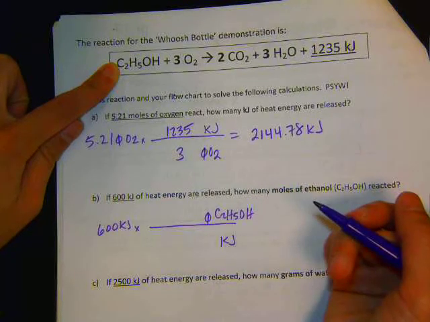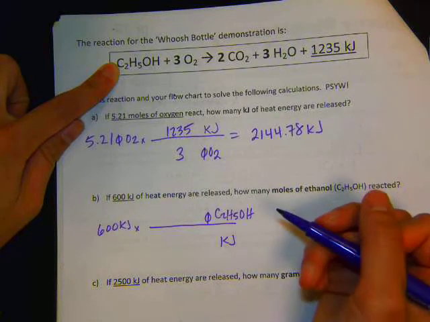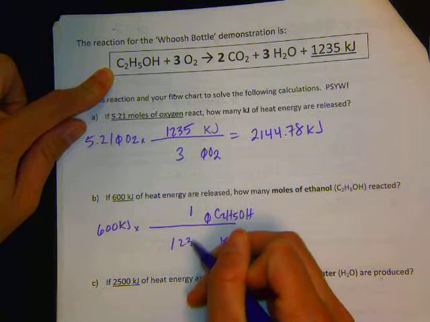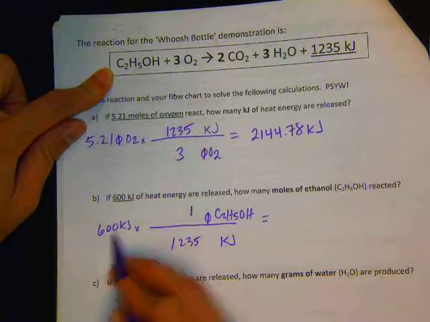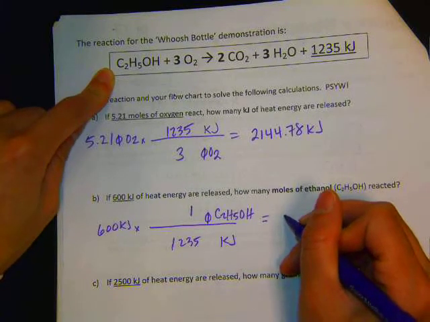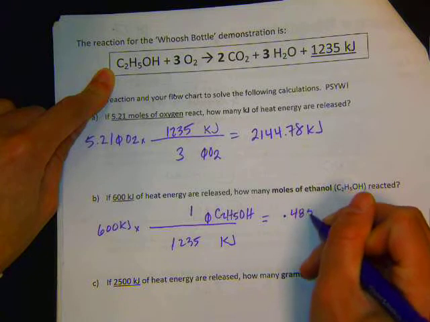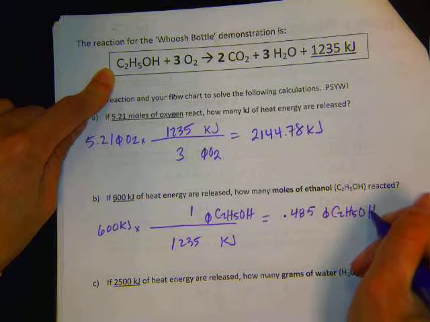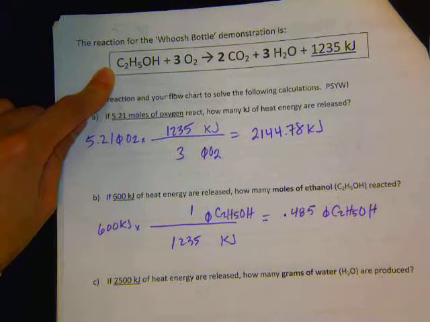So it's 1 mole of ethanol over how many kilojoules? 1,235. So I do 600 times 1 divided by 1,235, and that gives me 0.485 moles of C2H5OH.